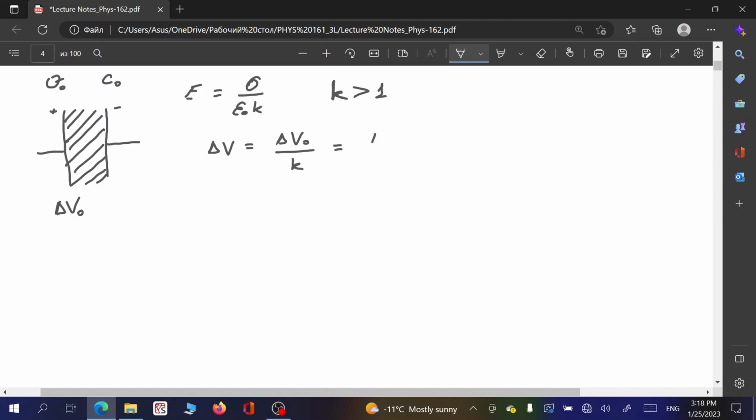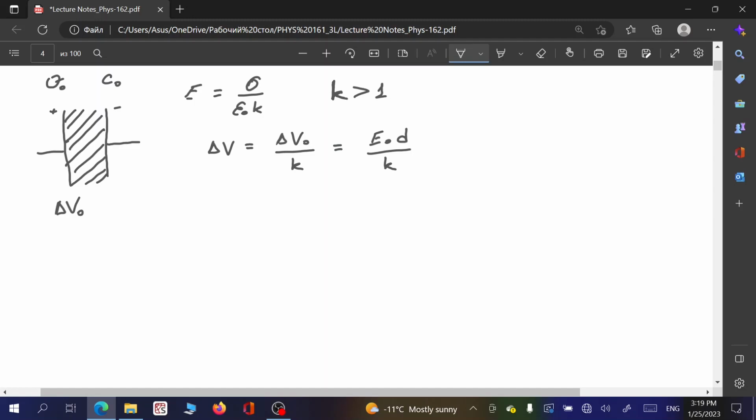Because we have electric field naught, the magnitude of the electric field in vacuum before we filled it with dielectric, times distance, and the new electric field is K times smaller. So we need to divide the initial electric field by K. So in this case, we decrease the potential difference K times.